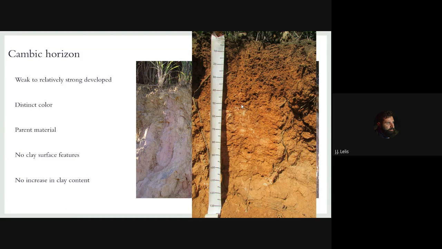We can't classify that horizon in other diagnostic horizons, so that horizon turns into a cambic horizon, because the cambic horizon is that diagnostic horizon that hosts all the horizons that can't be classified as other diagnostic horizons, because they did not present any specific or particular soil feature, okay?